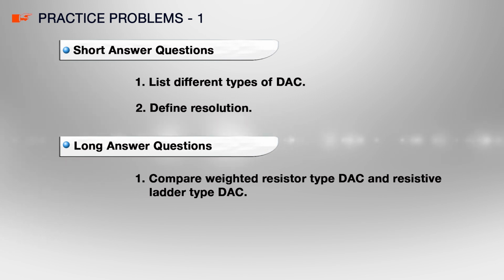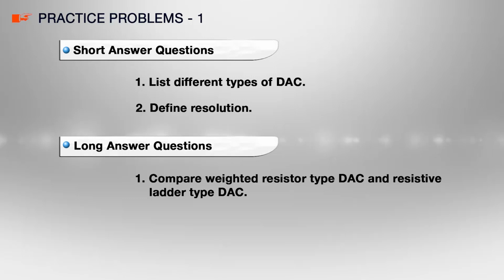Like in weighted resistor type DAC, we have a disadvantage that we have to use many precision resistors of different values, and this is overcome in resistive ladder type DAC by using only 2 resistors of different values.